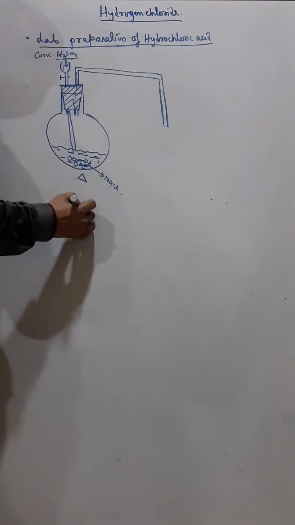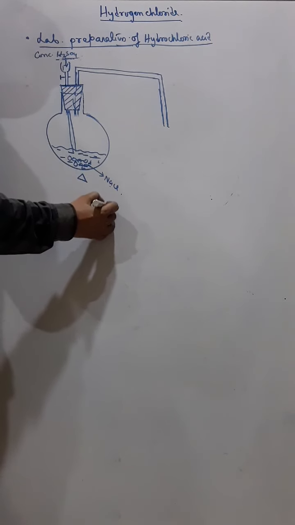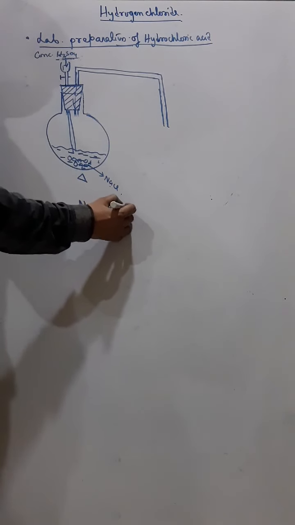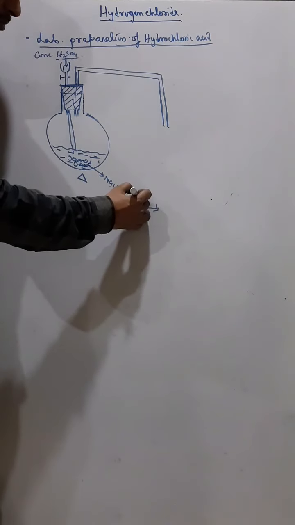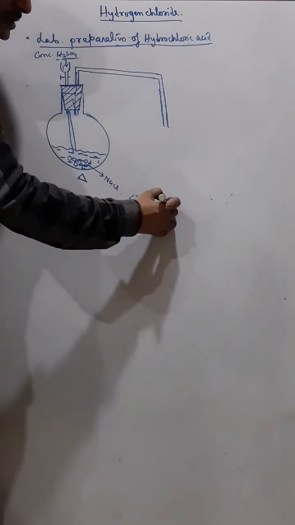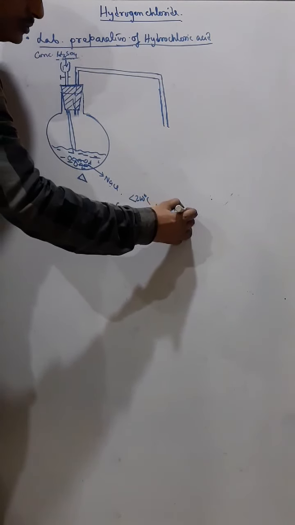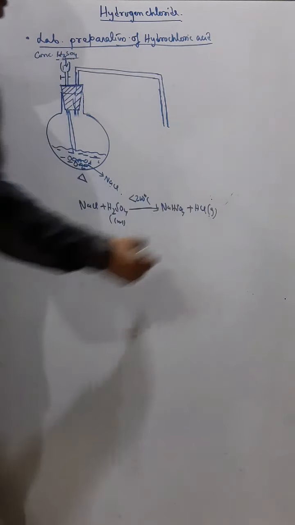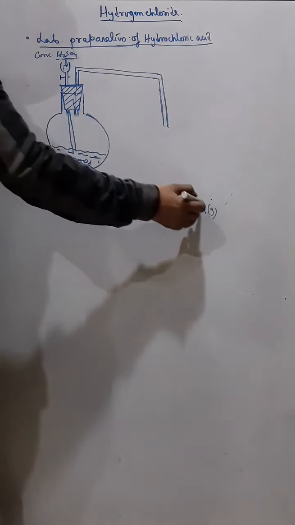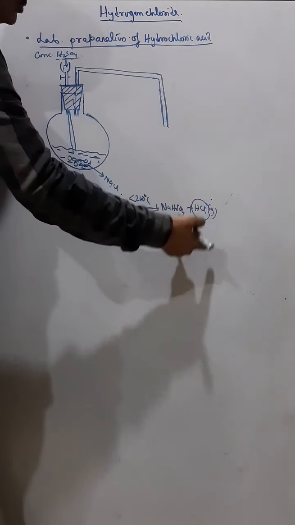NaCl plus concentrated H2SO4, heating below 200 degrees Celsius, we get NaHSO4 and HCl gas. And as this HCl gas is formed, if we dissolve it in water, that is hydrochloric acid.